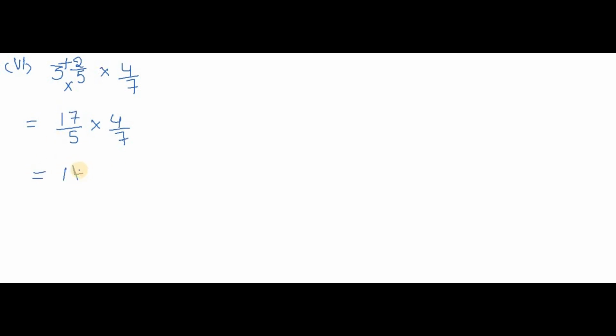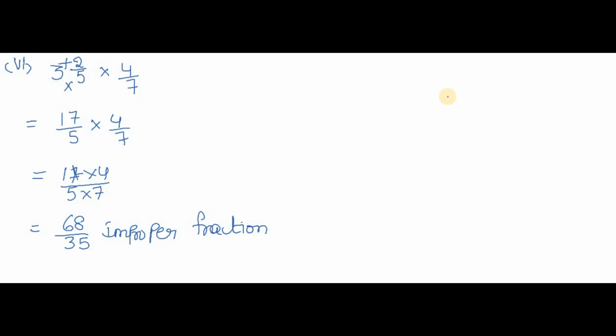Now multiply the numerators. 17 into 4 by 5 into 7. 17 4s are 68 by 5 7s are 35. So it is an improper fraction because numerator is greater than denominator. To convert an improper fraction, we have to do division and then it is converted into a mixed fraction.